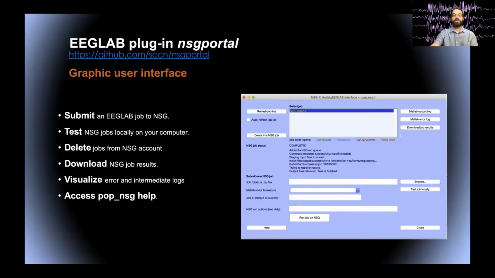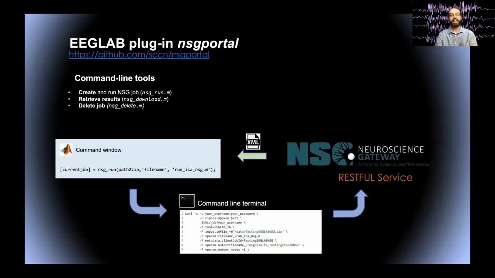The last part I'm going to show you is how to do it from the command line in MATLAB. For these, we have commands where you just give a folder and you say run on NSG, and it's usually as simple as that. The plugin will convert to command line terminals, so you need to have curl installed on your system. If you have a Mac or Linux, it's usually installed by default.